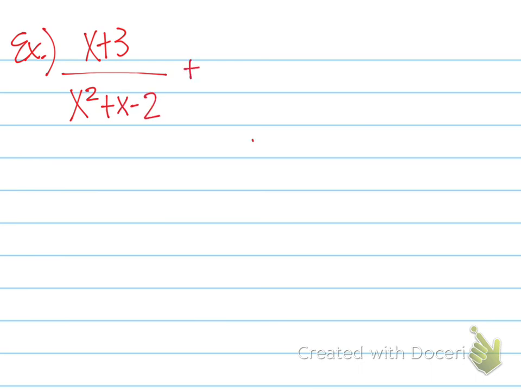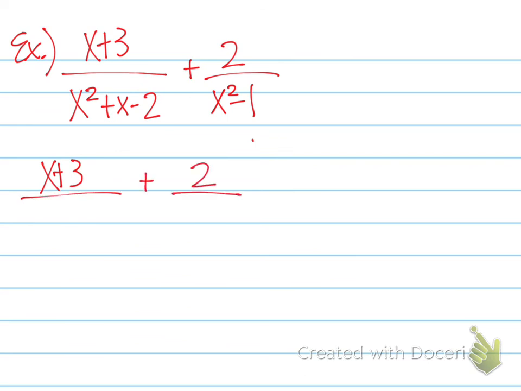All right. The next one is x plus 3 over x squared plus x minus 2 plus 2 over x squared minus 1. Now, I cannot simplify x plus 3. I cannot simplify the number 2, but I can simplify my two denominators.